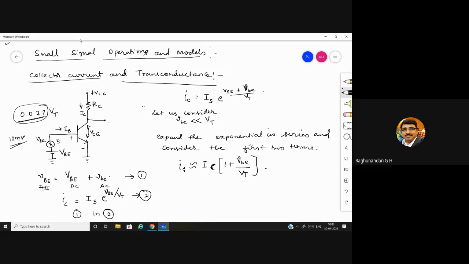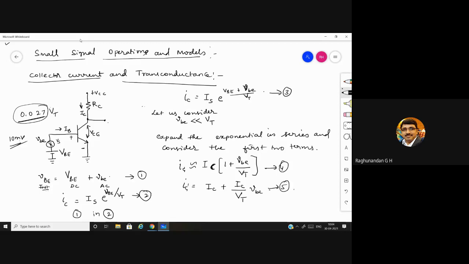We get this equation by expanding the exponential in series and considering the first two terms. If I multiply this, I get IC plus IC by VT into VBE. Let us take this as equation number 3, this is equation number 4, this is equation number 5.